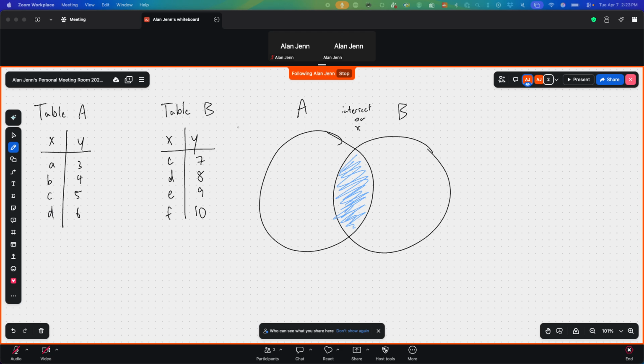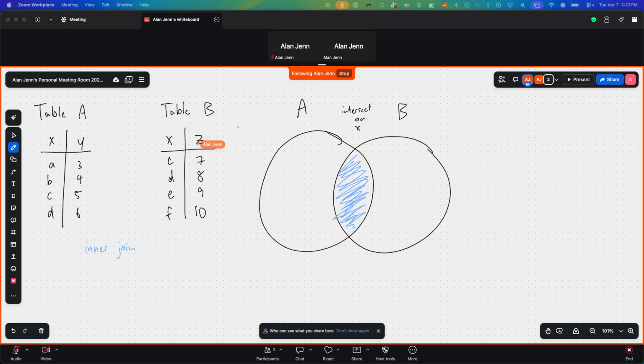So this would be called an inner join. And if I were to combine these two tables together, what would the final table look like? Oh, sorry, I'm making this confusing. I'm going to call this one Z. Okay, so we're intersecting on X and then you have two different columns.